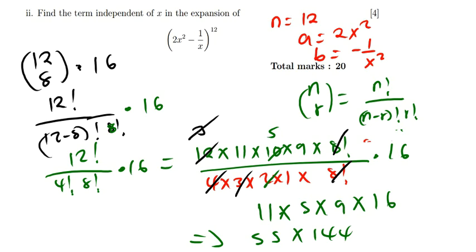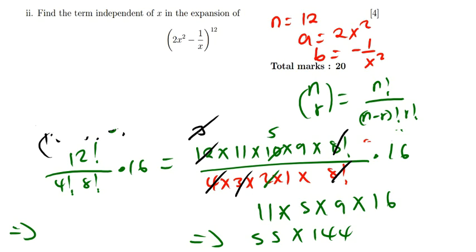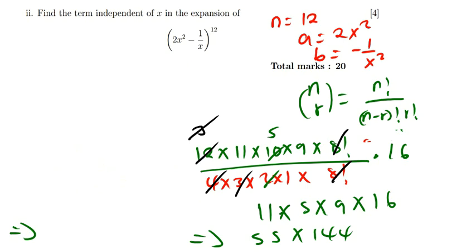So 144 times 55, I can just do it here. 5 times 4 is 20. I'll write 0, carry 2.